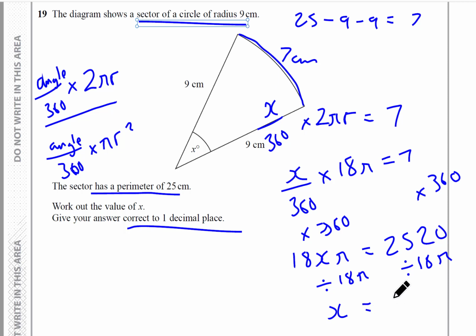So x equals 44.6 to 1 decimal place. Now please be careful using this from a calculator.